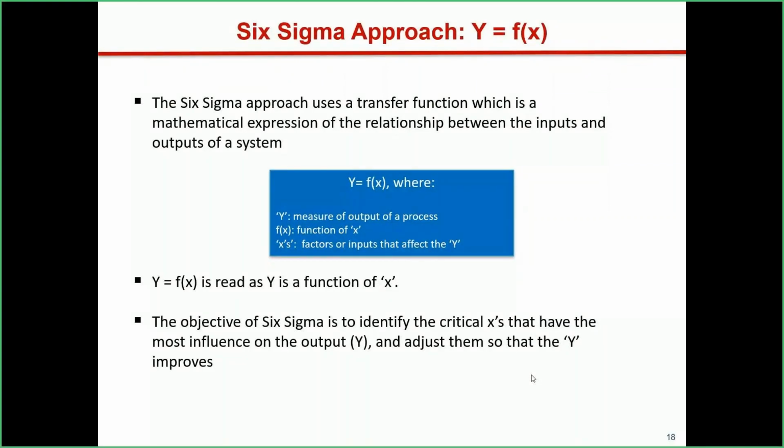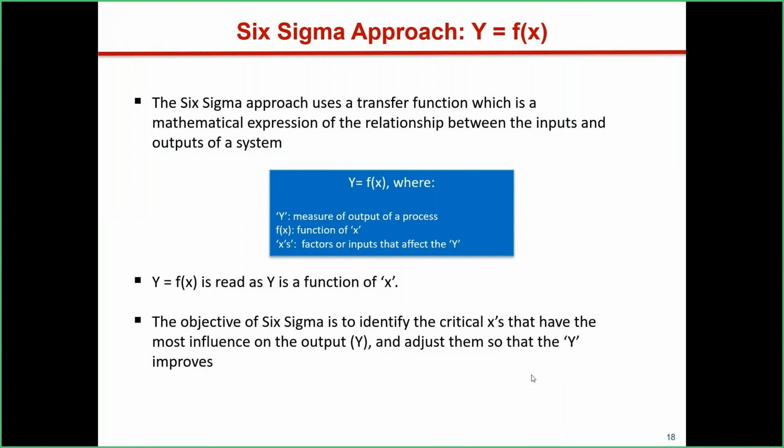But in Six Sigma, we have to identify which are the most critical x's. Now, not always just looking at it, you will be able to identify which is the most critical one. So we'll be using different tools to identify or understand which X is more critical and which is more influencing your output. So we will learn that as well.